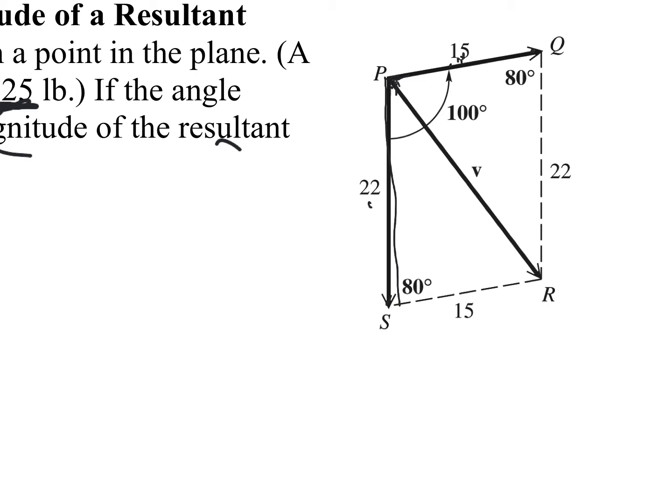So the length of this, you could call it 22, and the length of this, you could call it 15. The length is the scalar that describes the vector, and it's just a number, 15, and it's 22. Now, the direction of the PQ vector is obviously not the same direction as this vector.